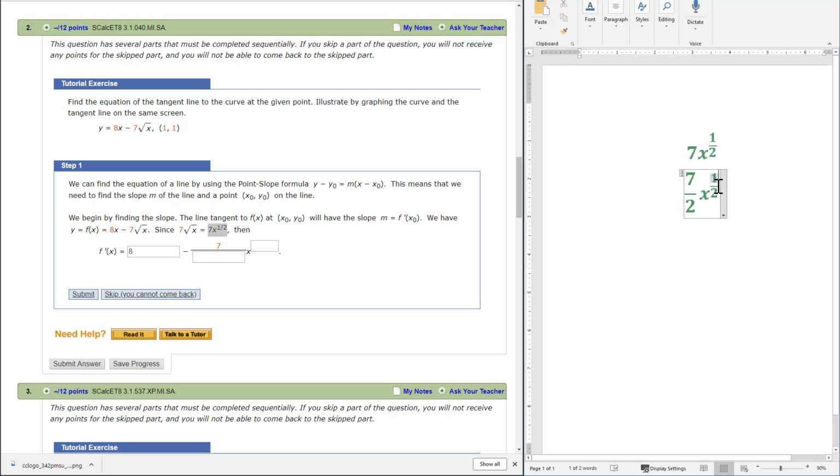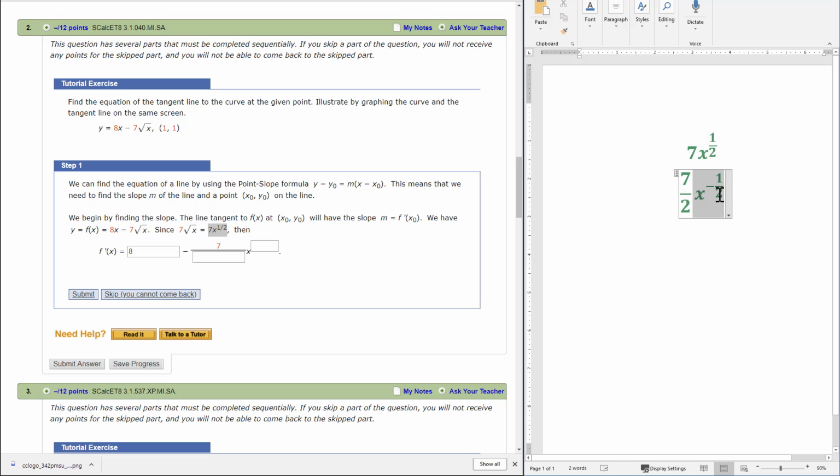So 1/2 minus 1, this power is just going to give us a negative 1/2. So that's going to be the power that we have.